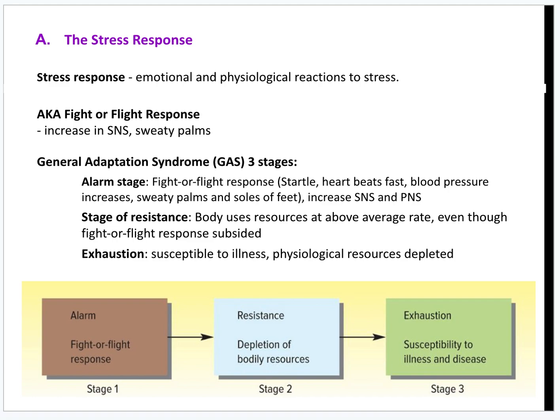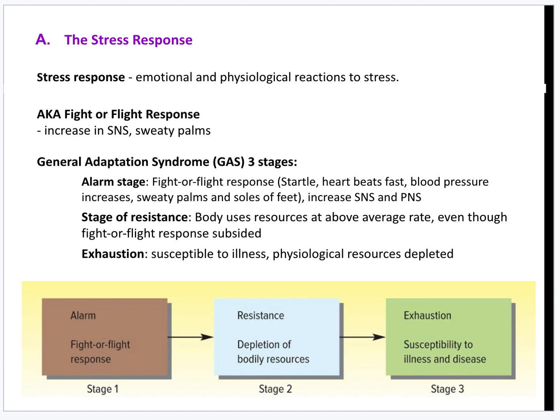Now that's the very first thing, that is going to create changes in our sympathetic nervous system and our peripheral nervous system as your body gets ready to fight or flight, right? So you've got increased blood pressure, your heart starts beating faster, sweaty palms, your body just gets ready to fight.